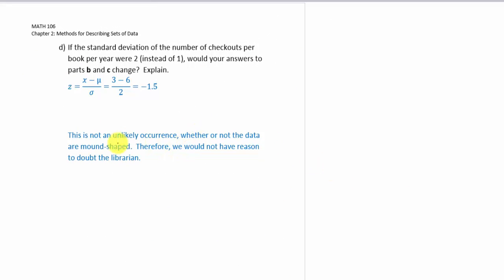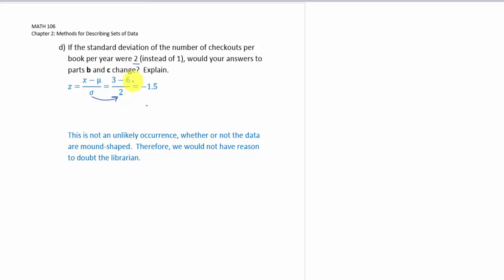There's one more question to go with this Z-score, and that is, if the standard deviation of the number of checkouts per book per year were 2 instead of 1, would your answer to parts B and C change? So what this represents is our standard deviation now is going to be substituted with 2. So our checkouts of the random book, remember, was 3 minus our mean of 6.